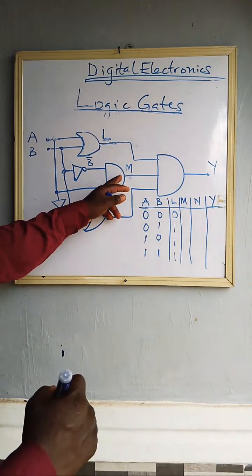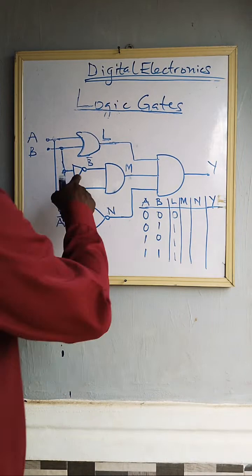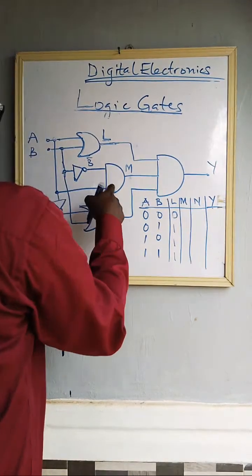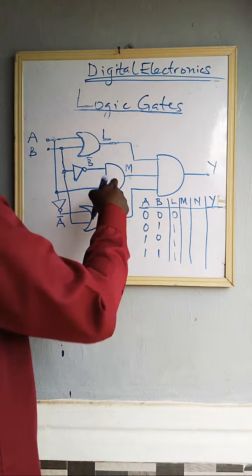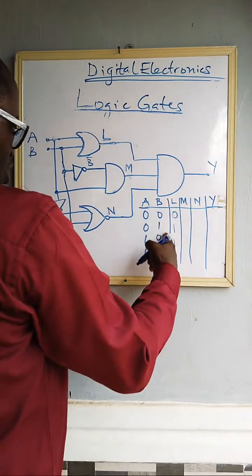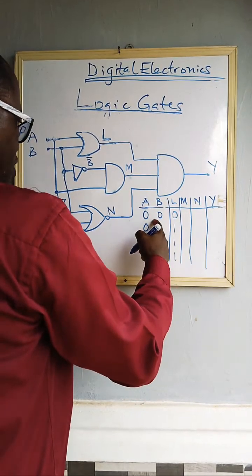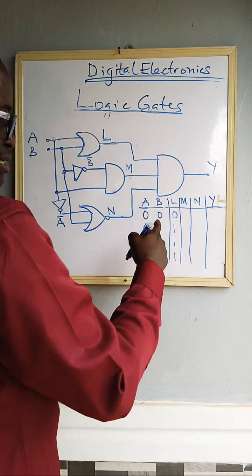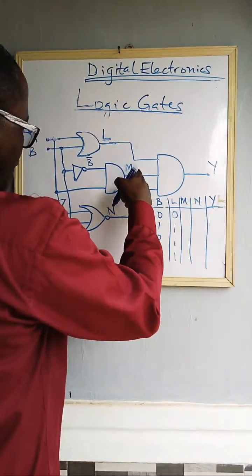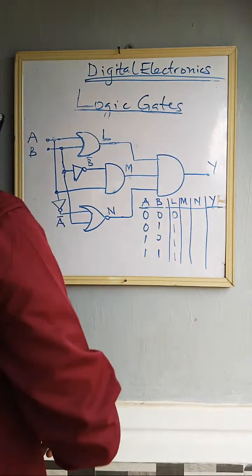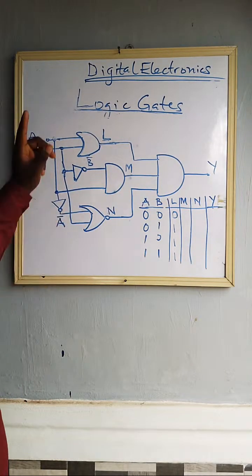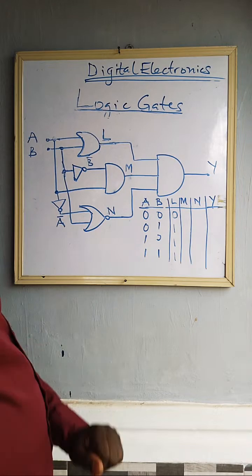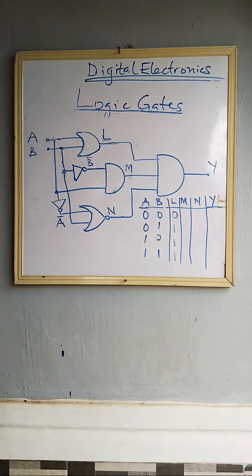Now, intermediate output M, we're going to have A as an input and B bar as an input. So, A and the inversion of this column will be handed, logic hand, to get the output. Remember, for the AND function, all the inputs must be 1 before you get a 1 output. All right? So let's look at it.